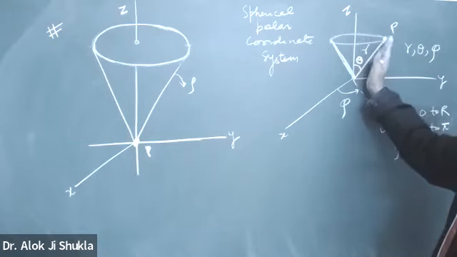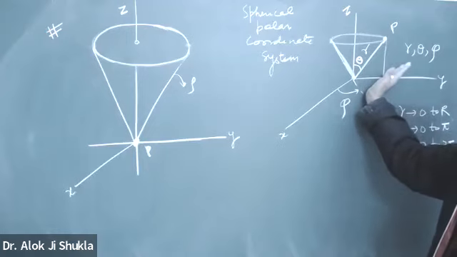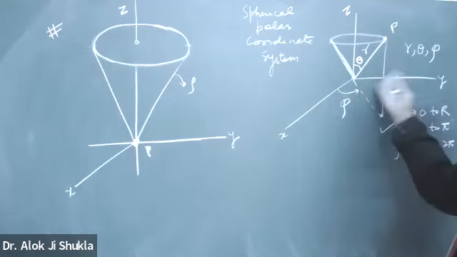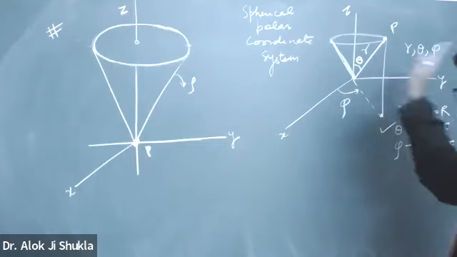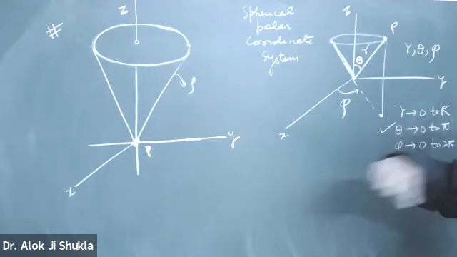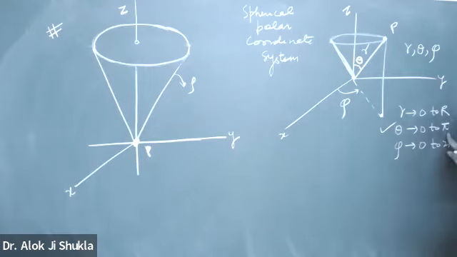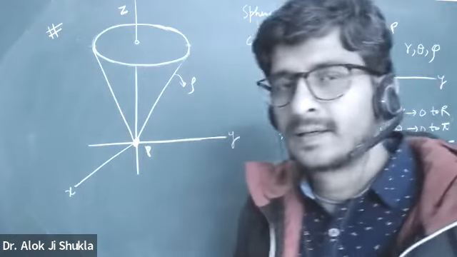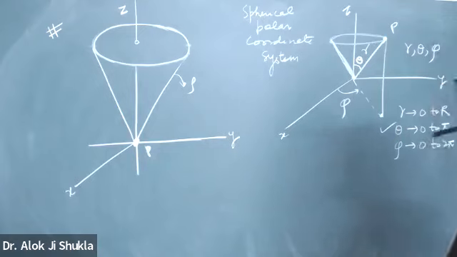Start increasing theta, it will become pi by 2. So it will cover upper hemisphere. देखो ये घूम रहा है और angle बढ़ा 90 हो गया. It is covering upper hemisphere, और जैसे ही it will go to pi, it will cover whole of the sphere. Can you see that? Are you understanding this, everybody?